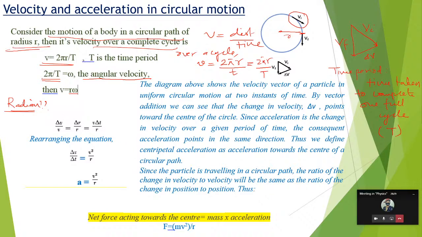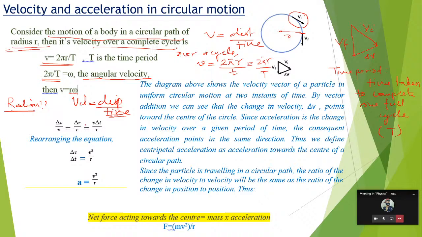See this one. Delta v by v, the change in velocity to original velocity, will be similar to delta r by r, because velocity equals displacement divided by time, and time is a fixed thing. So delta v by v equals delta r by r.